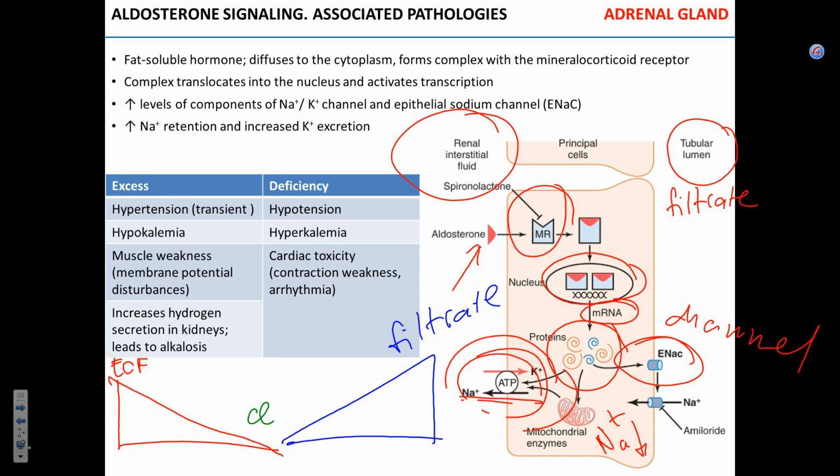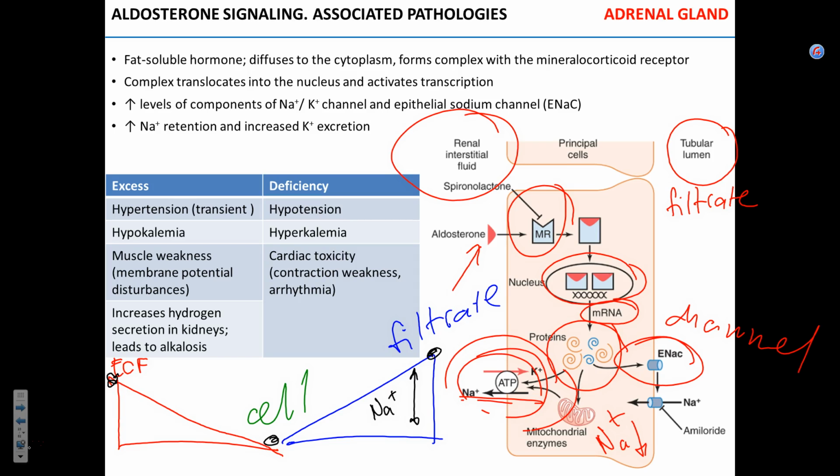And this is the cell. Make sense so far? So the height of those triangles is the sodium concentration. In filtrate, it's rather high. In the cell, it's rather low. In the ECF, it's high again.